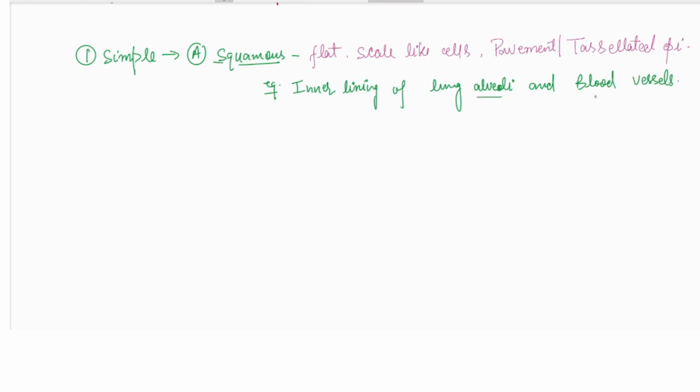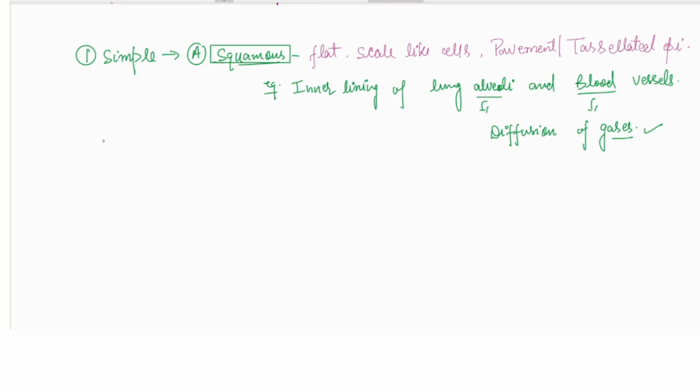This is important because in the blood vessels there is diffusion of gases, right? And in the alveoli also there is diffusion of gases. For the diffusion of gases, the layer should be very thin. If the layer is thick, there would be no diffusion. For perfect diffusion there should be a single layer, and the shape of the cell should also be very simple, that is the oval shape.